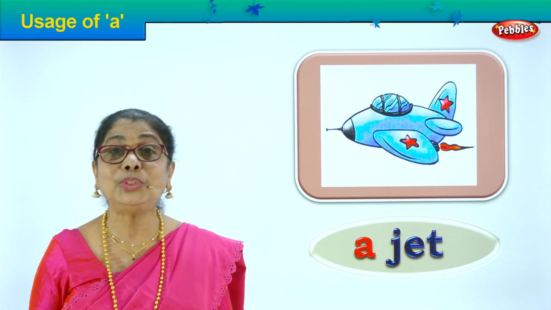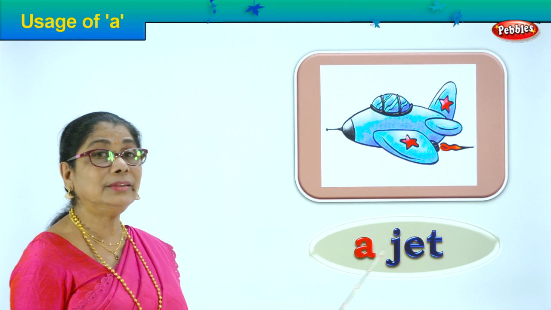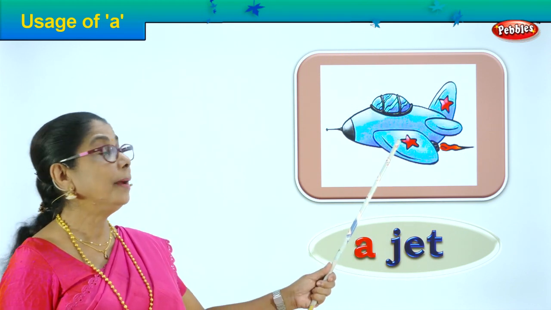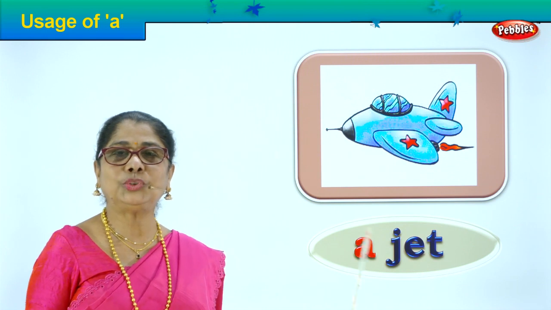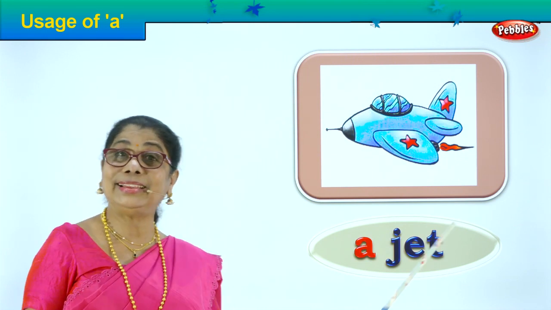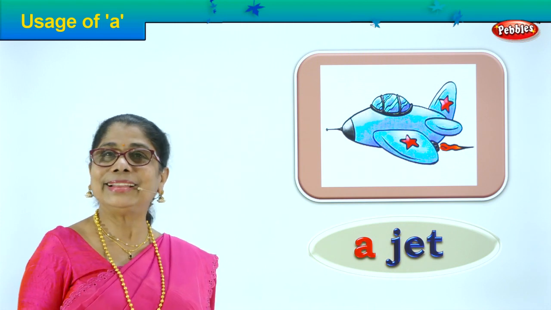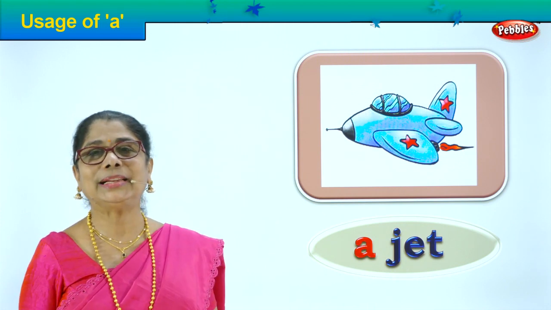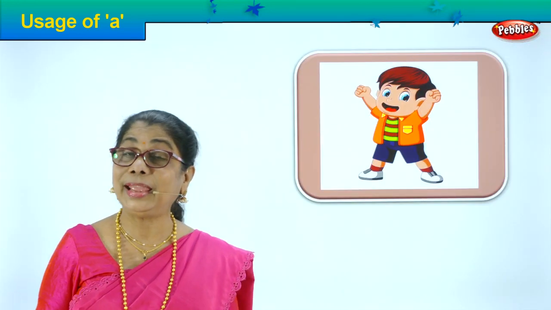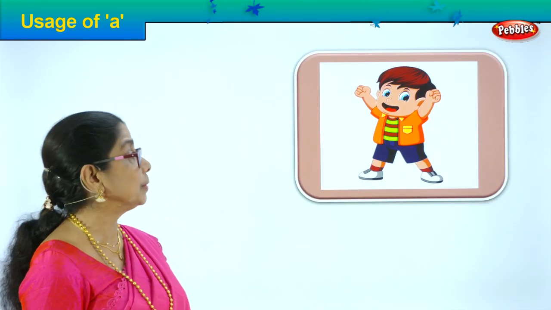What do we put before the word jet? A jet. This is a jet. This is a blue jet. A toy jet. Where does the jet go? In the sky. A jet. Good. Let's look at another picture and learn the usage of a before the word.